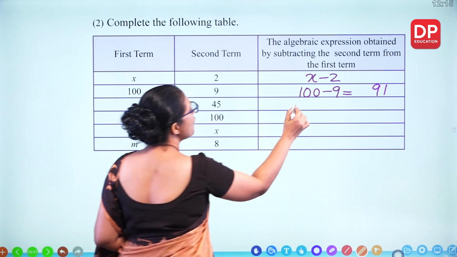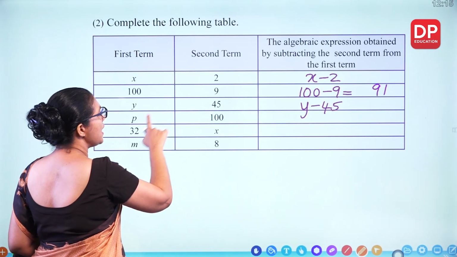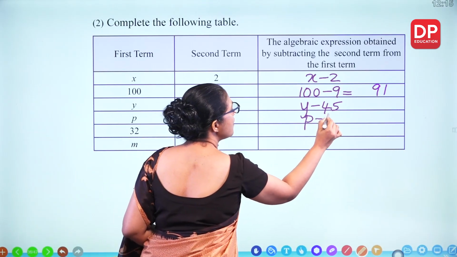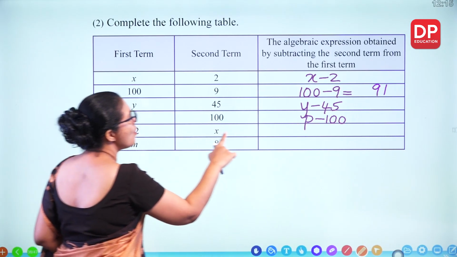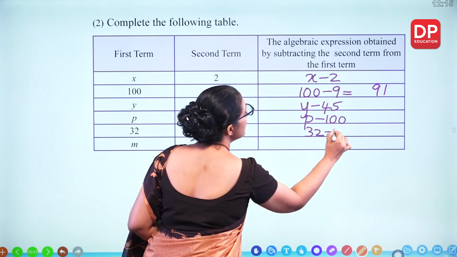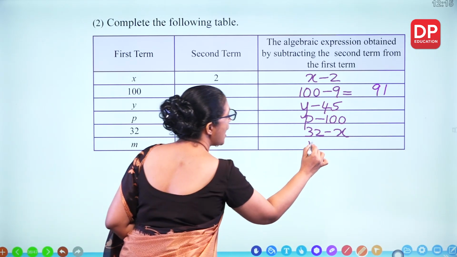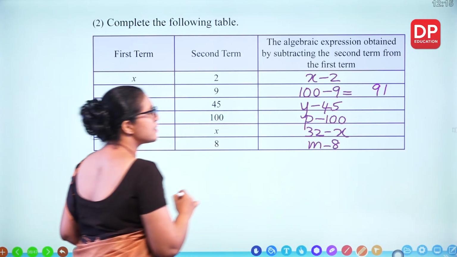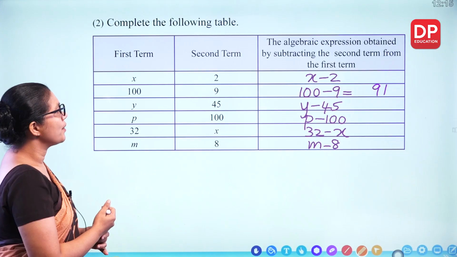Y minus 45. P minus 100. And 32 minus x. M minus 8. So second term you subtract from the first one.